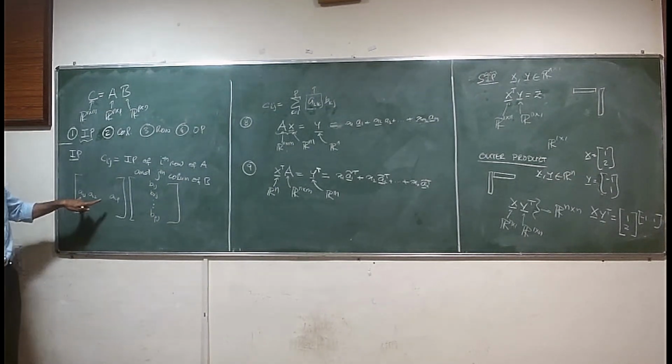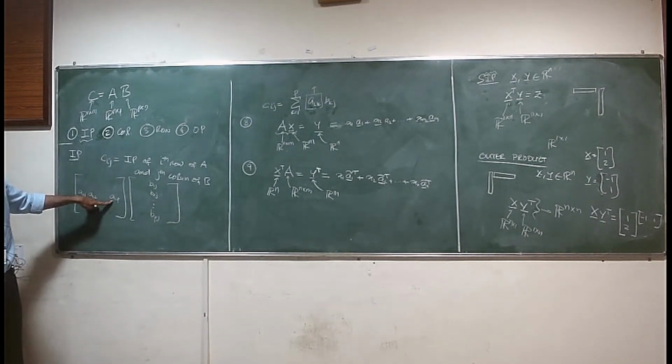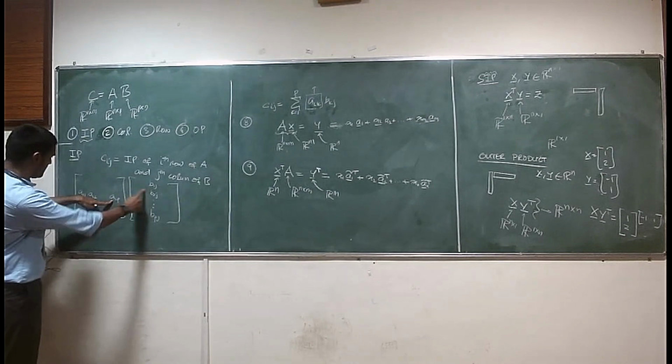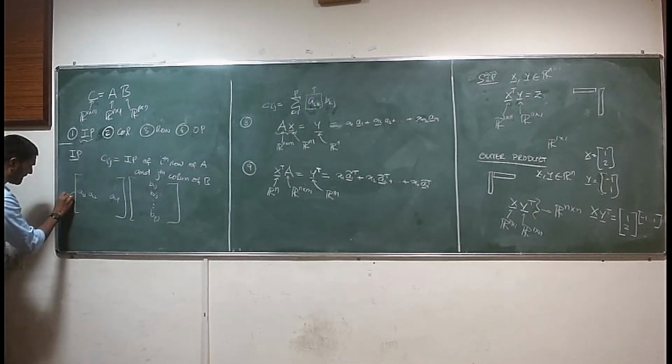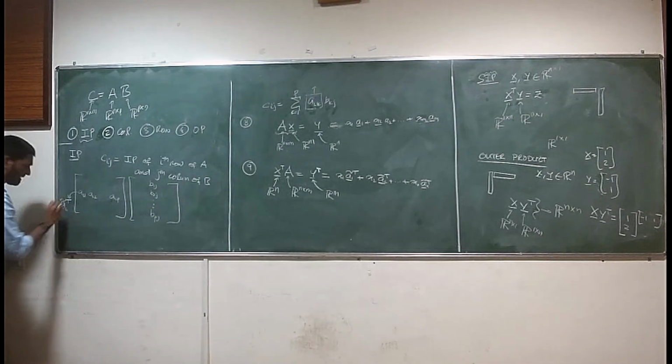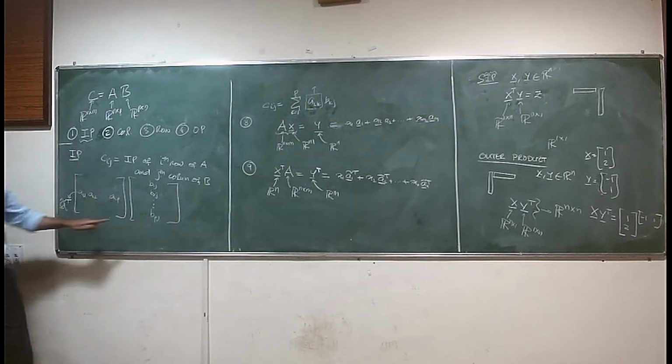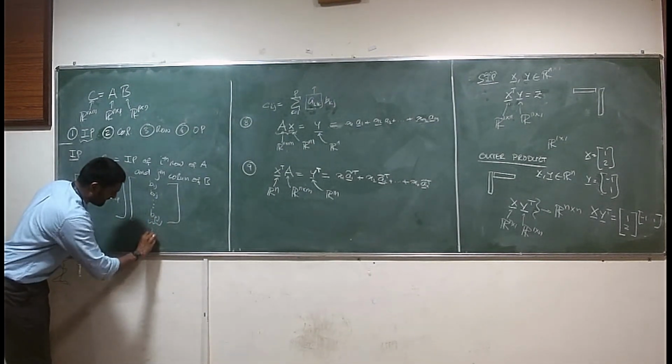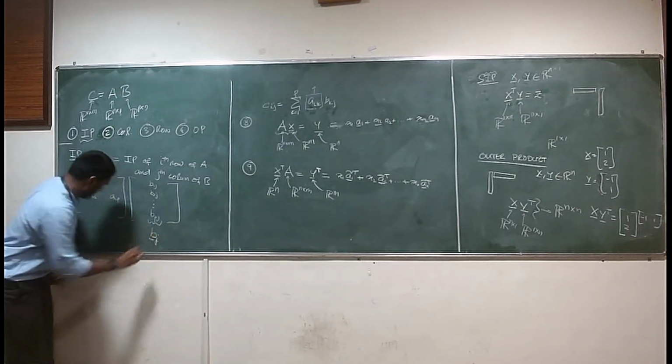Now, this is a row, this is a column. So we use the convention of writing this as a tilde i transpose, and we use the convention of writing this as bj.